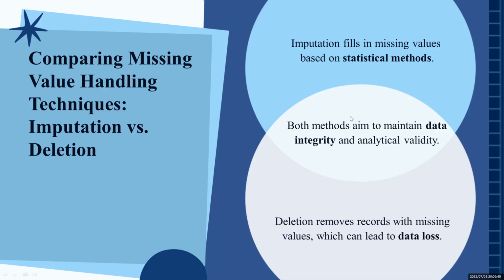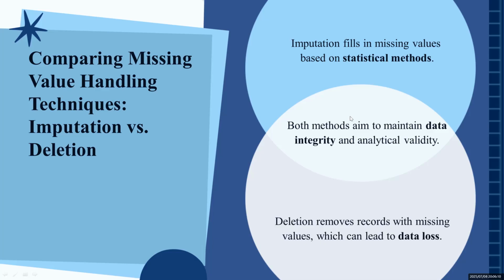That will be quite poor for your machine learning work, so in that case you will not consider the deletion method. You have to opt for imputation. But if your missing values are just 2 rows out of 100, definitely you could consider deletion because it's not going to have a significant effect on the performance of the model.